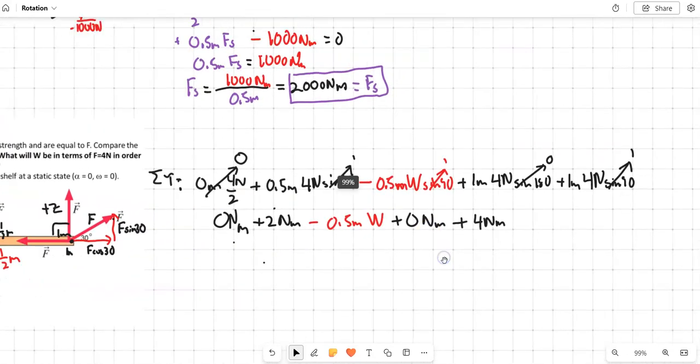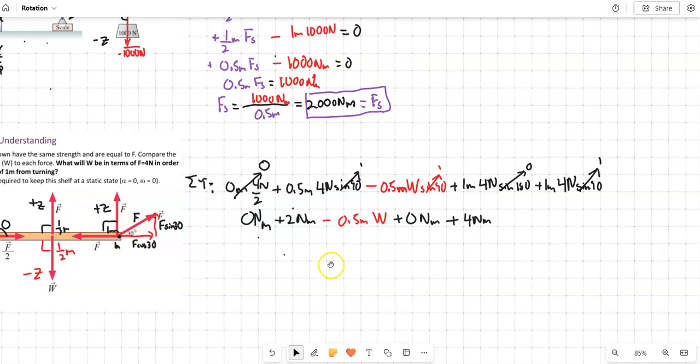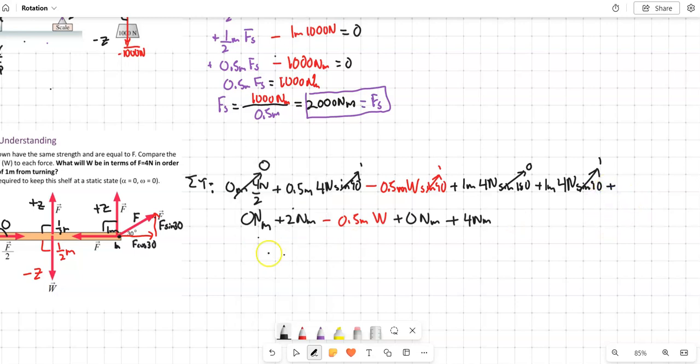So I'm going to make note of that force right there. This force is going to also be spinning it counterclockwise. Well, it's spinning it counterclockwise, but it's also pulling it out to the right at the same time. So that's located at the 1 meter mark.